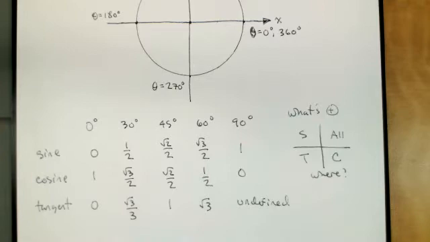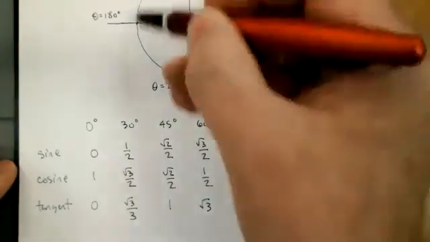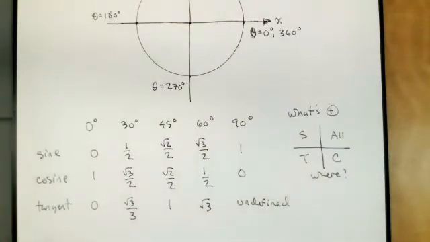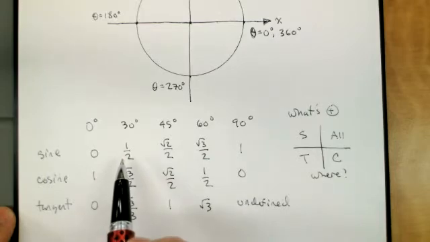Let's take these 30, 45, and 60 degree angles and put them in each of the 4 quadrants, because we have to know this first quadrant and how it maps over to the other 3 quadrants. So if you draw a circle, since the sine of 30 is a half, that will help you find where that 30-degree angle needs to be.